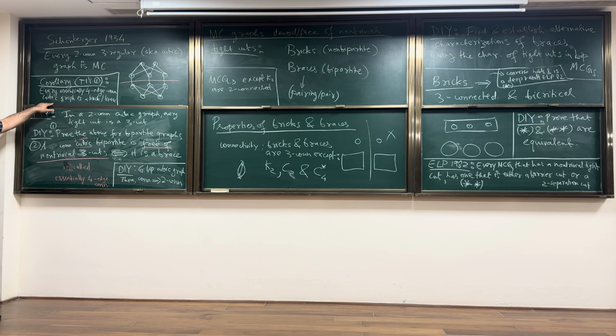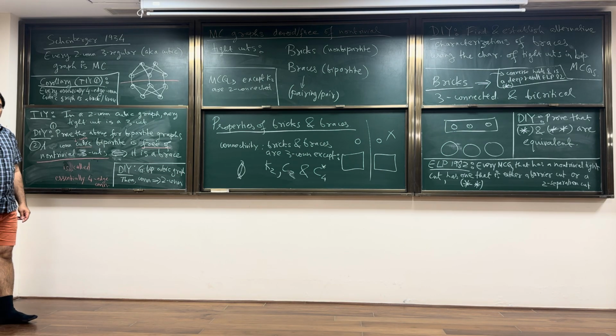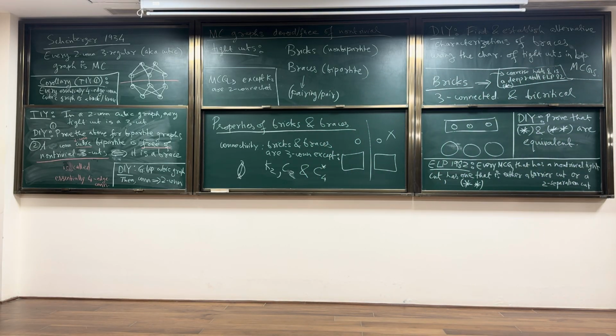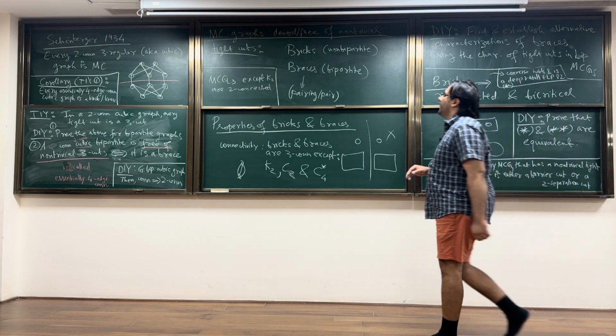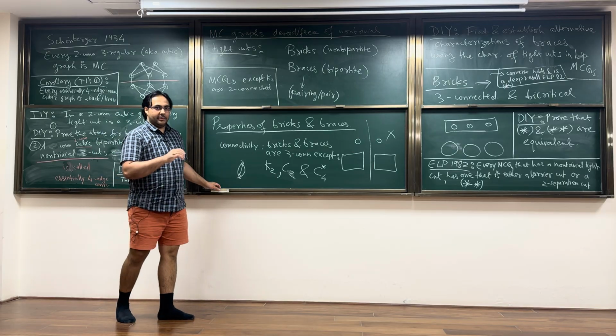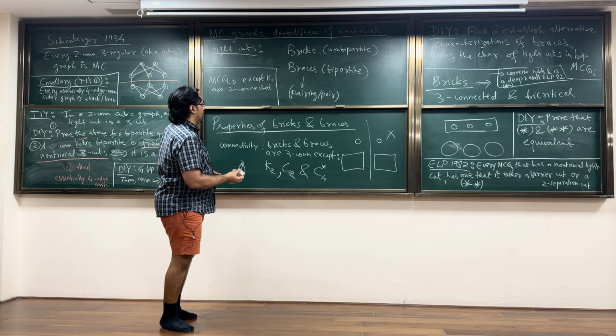Okay, so this is just a 2 connected cubic graph where there are no non-trivial 3 cuts. The only 3 cuts are the trivial ones, 3 edges incident at a vertex. Yeah. So if you don't have this, then your graph is a brick or a brace. Right? So now let's look at some concrete families using this. Yeah? And these families will play an important role in the future parts of this course, so it is a good idea to talk about them now.